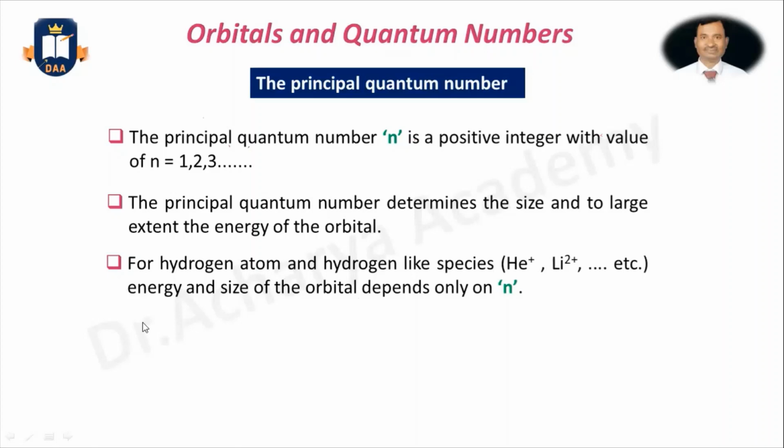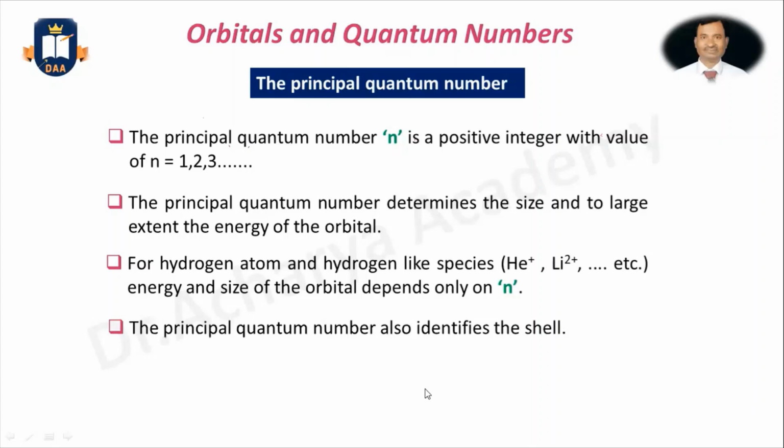In that case, the energy and size of the orbital depend only on the principal quantum number n, what I already discussed in the second point. The principal quantum number also identifies the shell. We'll discuss the shell just after this. Next slide.